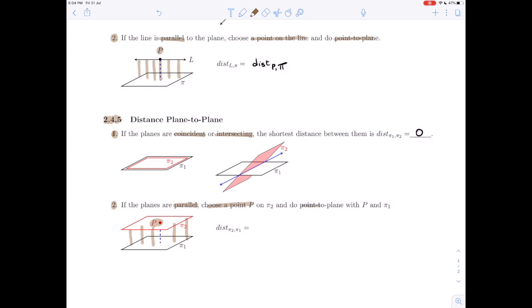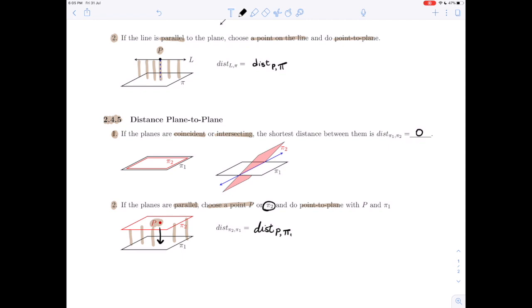The way I've written it, you're choosing P in pi 2 and you're doing the distance from P down to pi 1. So the distance between the planes is the distance from point P in pi 2 down to pi 1.